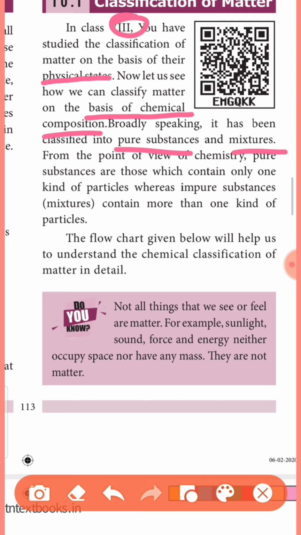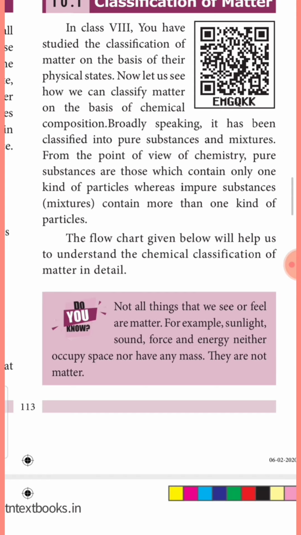See, the sunlight transfers from sun to earth in free space, vacuum. So it doesn't occupy space and it doesn't have mass. So they will not be categorized as matter. They are all energy. About those things and their properties you will be learning in your higher classes. Let's move on to the flow chart.